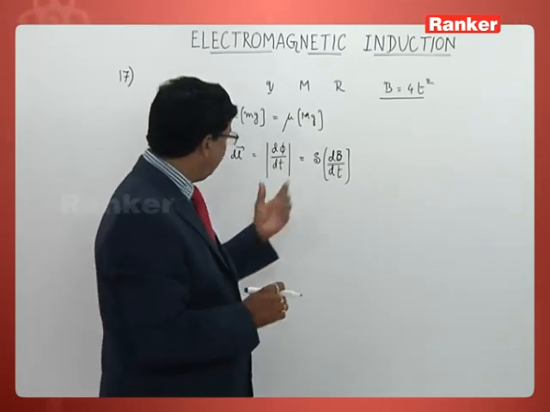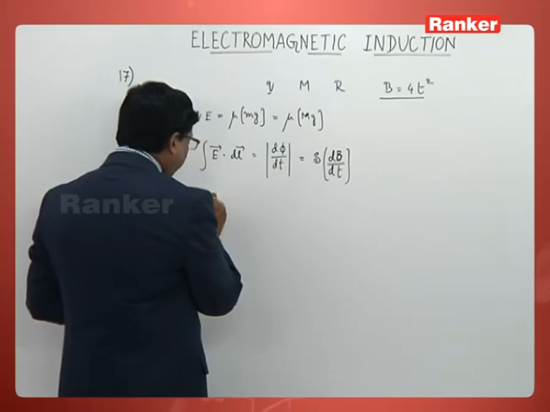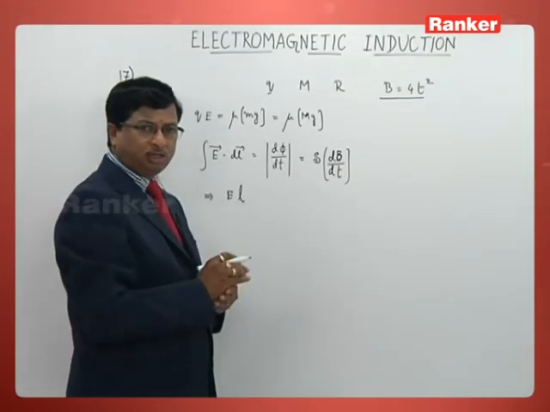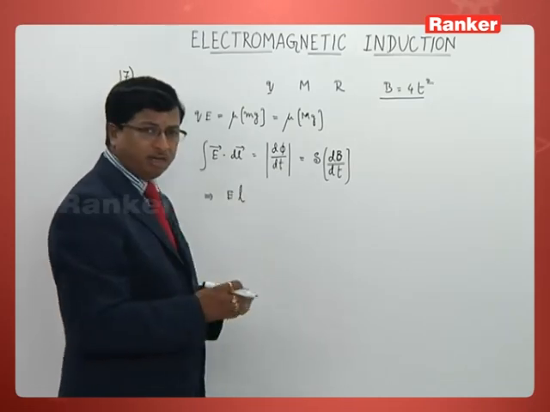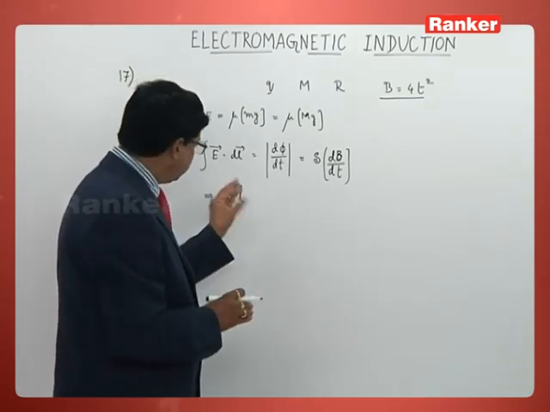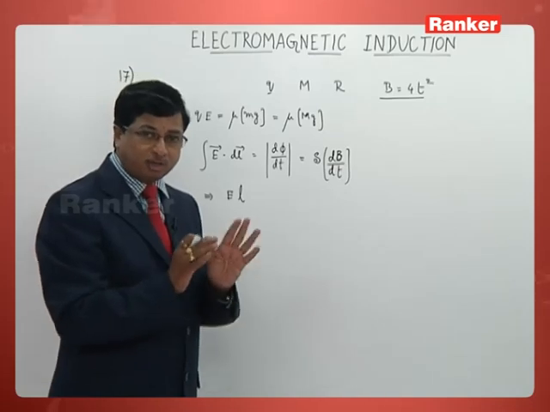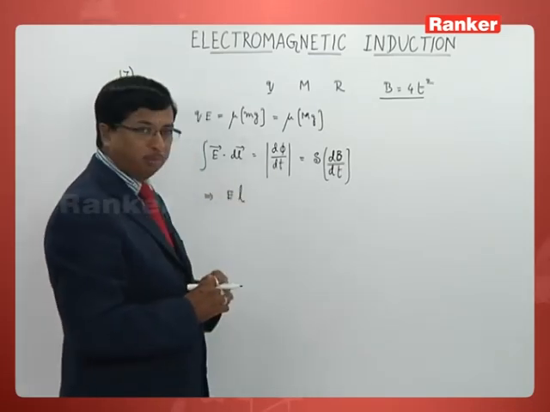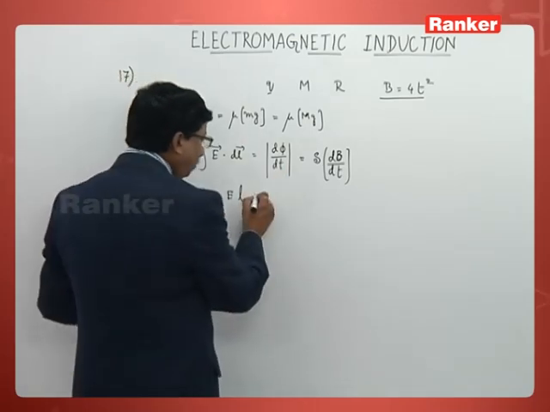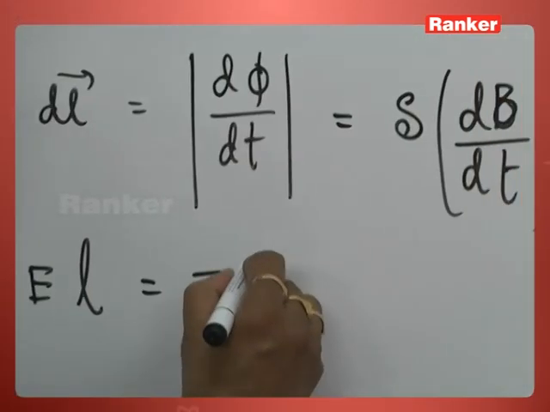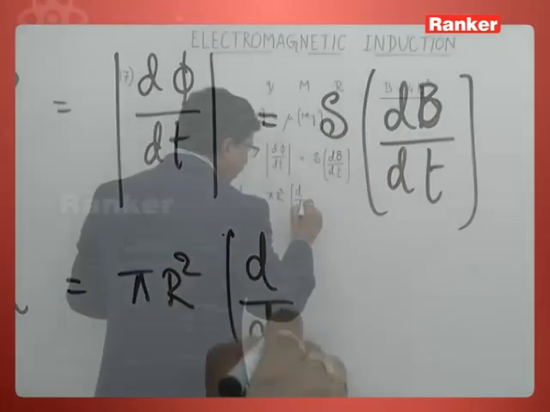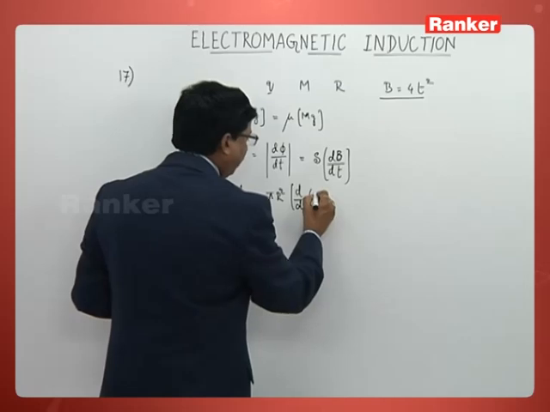You can now write this way, E times L. E dot dl, of course, directly we can write E dl is nothing other than E times L, where L is the integral of dl over here. That is of course known to us. What is S here now? Pi r square into d by dt of this value 4t square.